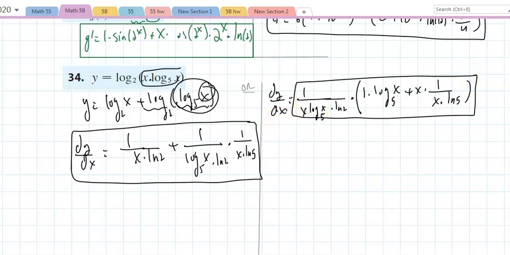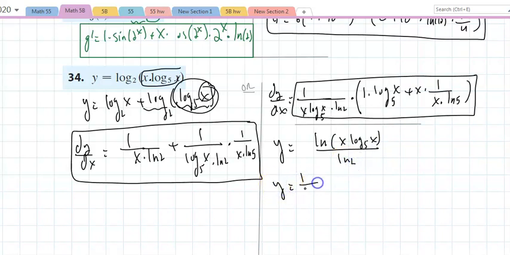And lastly, I could say y really equals natural log of x over natural log of 2 times log base 5 of x. So y equals 1 over natural log of 2 times natural log of x plus natural log of x over natural log of 5, no calculus there.